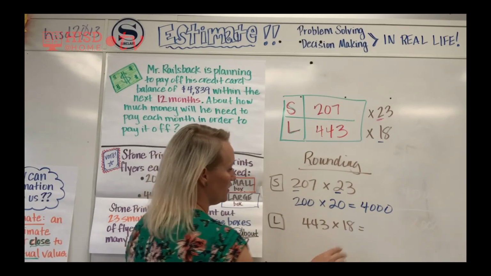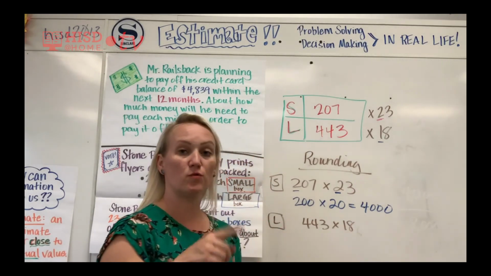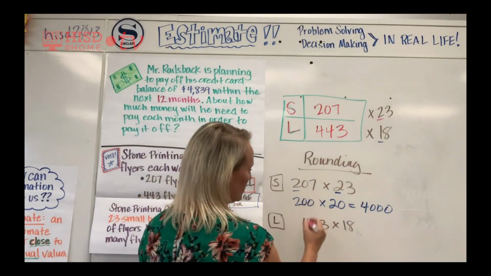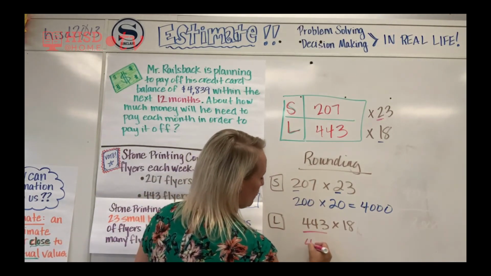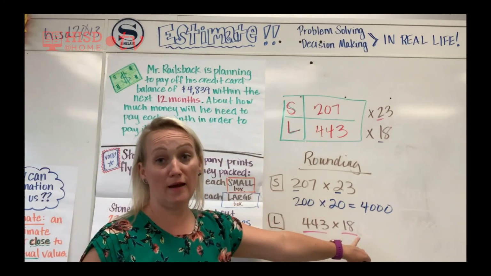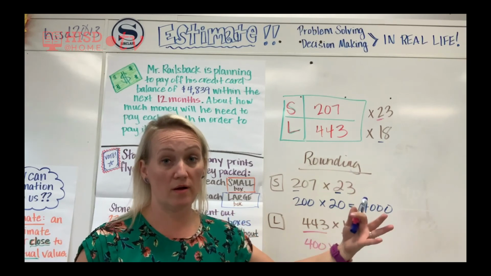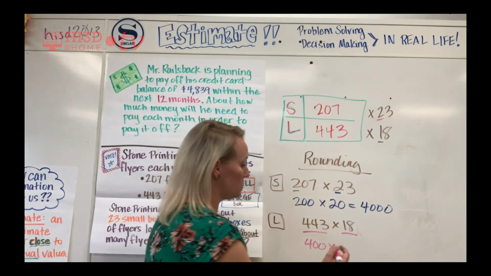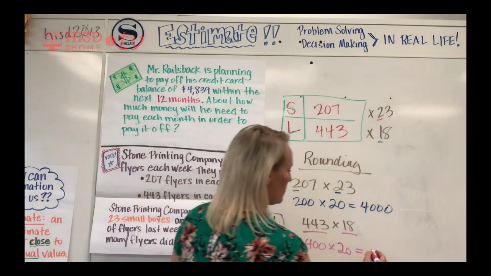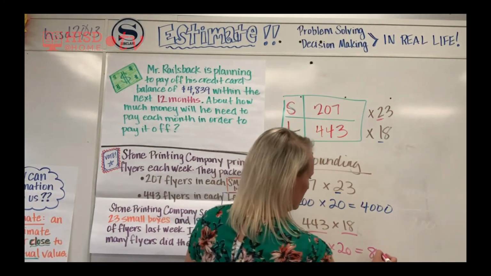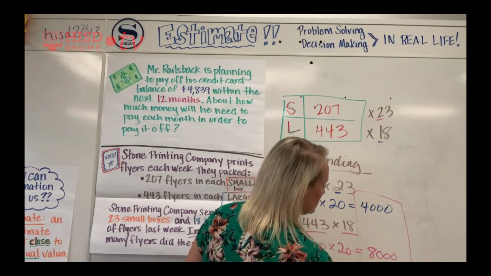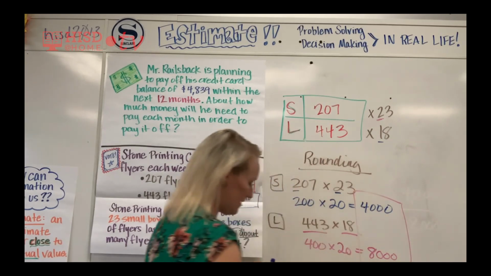This is where you'd have a little bit of a difference if you used rounding instead of front-end. So for the large, I would still have 400. But look here, front-end said times 10. But rounding or compatible numbers would tell me that 18 is almost 20. So I would want to take that into consideration. And then I would have 8,000. And then my answer would be quite different because it would be 12,000 flyers, not 8,000.